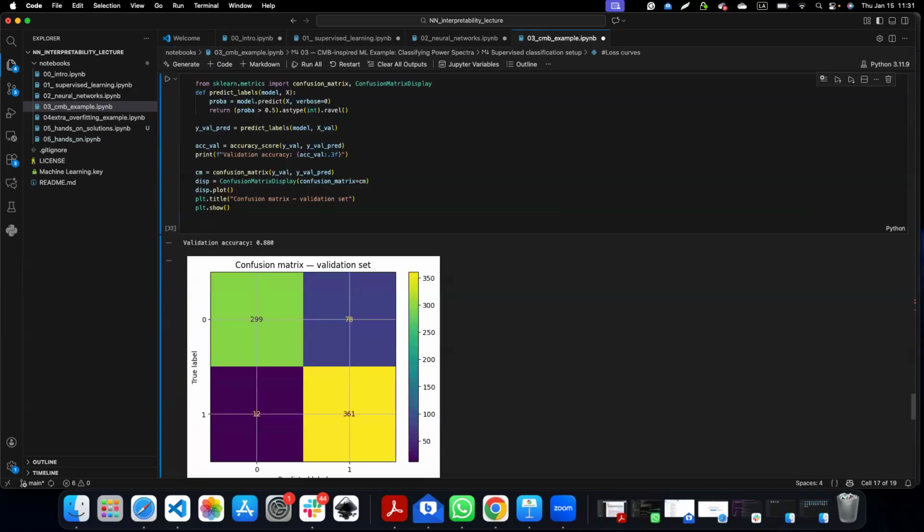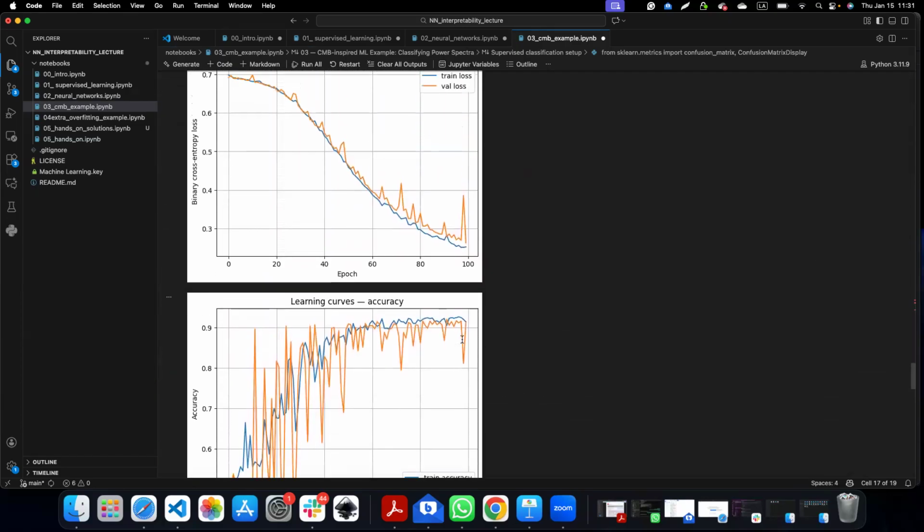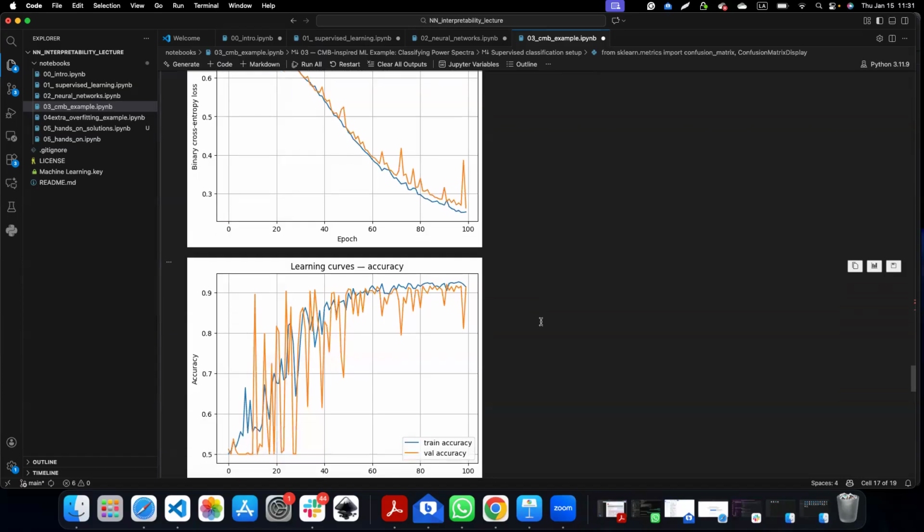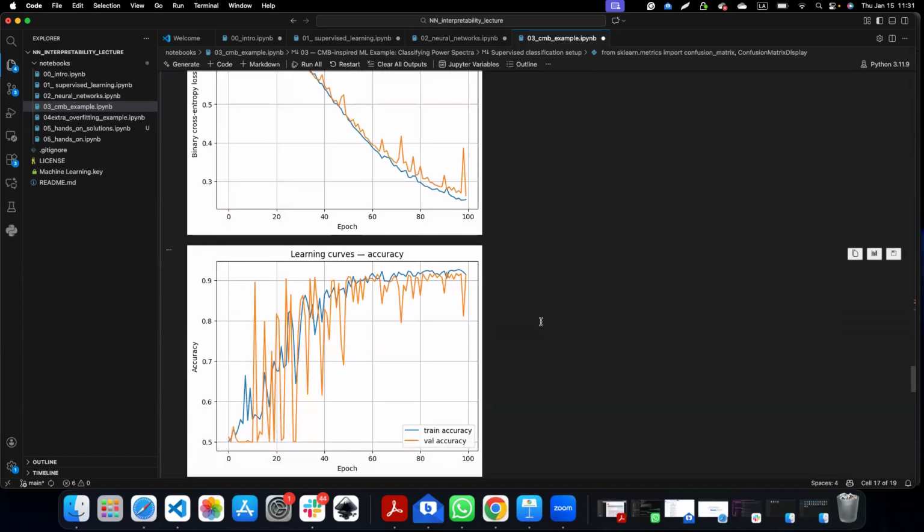So if it is trained well, the loss is more or less okay. It's going down kind of steadily, but the accuracy is a mess, especially the validation accuracy. But it kind of goes up, which is the most important thing. If you see a model that is not learning anything, it should be just around 0.5 and just fluctuating like this, and also the loss.